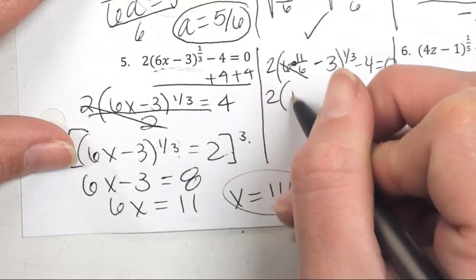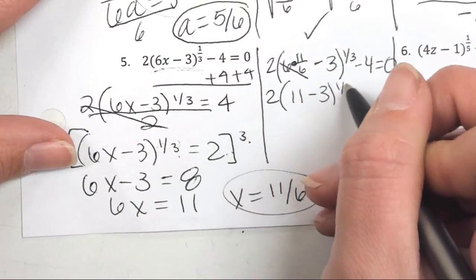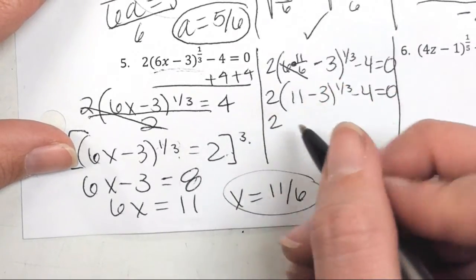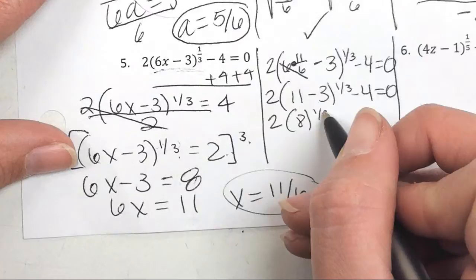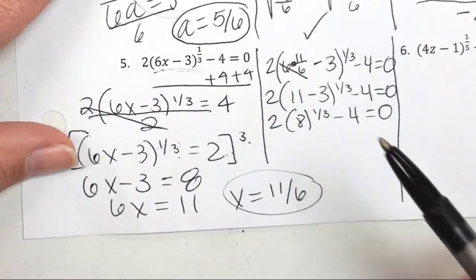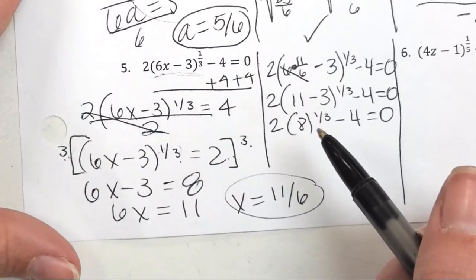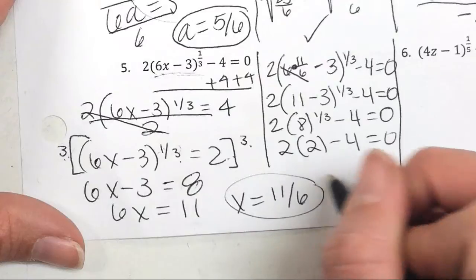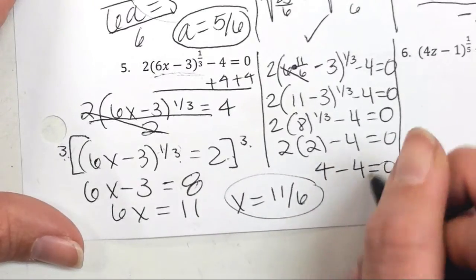So it's 2 times 11 minus 3 to the 1/3 minus 4 equals 0. 11 minus 3 would be 8. Alright, 8 to the 1/3 power is the same thing as the cube root of 8, which we know is 2. So this is 2 times 2 minus 4 equals 0, which we know is going to work out.